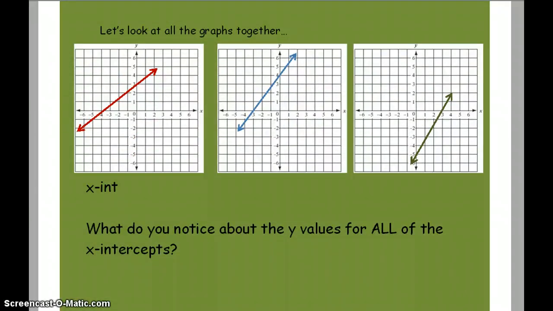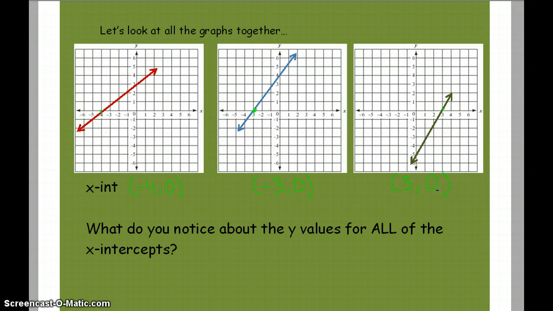Now let's take a look at these graphs again. And this time we're going to look at the x-intercept. Now the x-intercept, let's see, we have the point (-4, 0). We have the point (-3, 0). And we also have the point (3, 0).